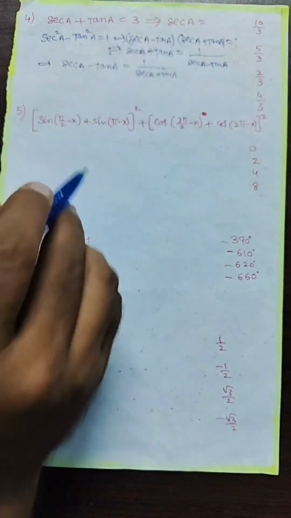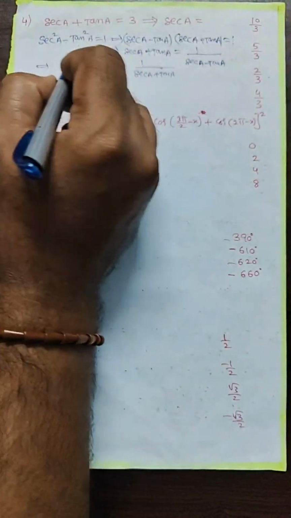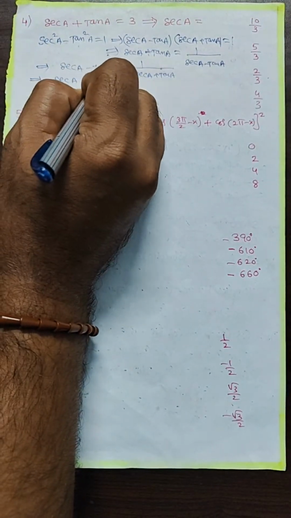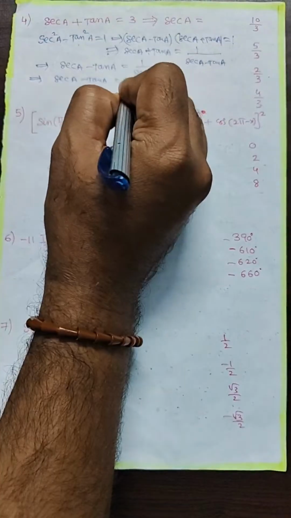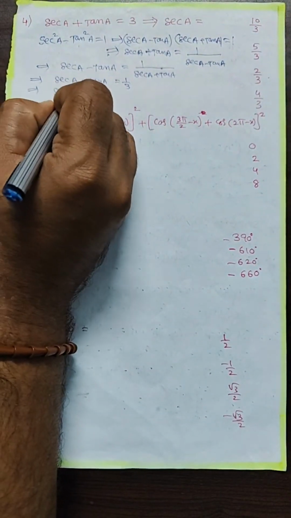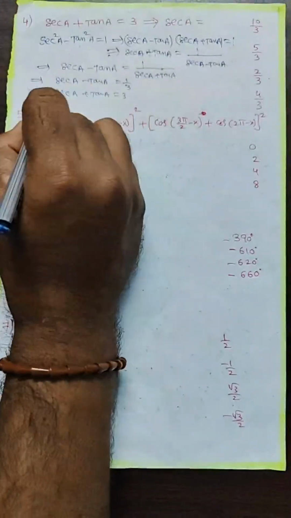This is the basic formula, dear students. So if we substitute the value 3 here, sec A minus tan A is equal to 1 by 3. That implies sec A plus tan A is equal to 3.